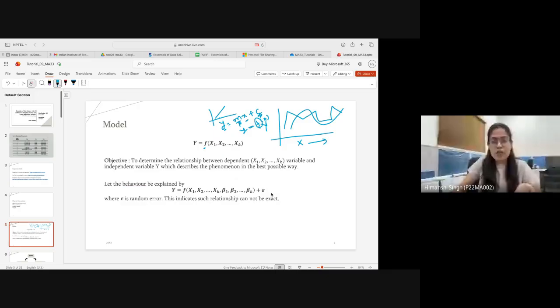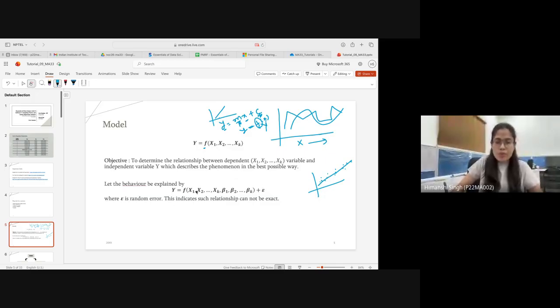So for example, if I have data like this, then there may be this line which may fit this data, because it is a kind of linear trend which may be explained by this line, but the points are not exactly lying on this line. Okay, but there is some kind of error, basically a random error.